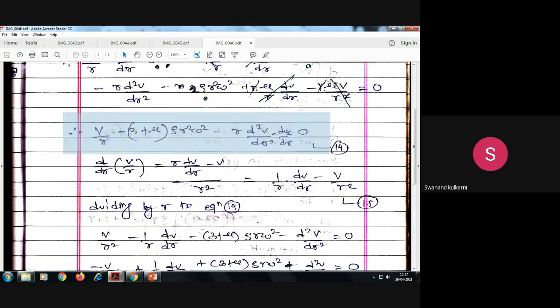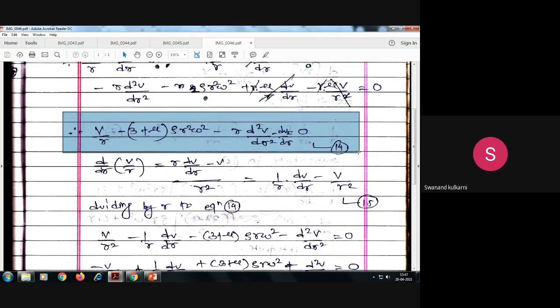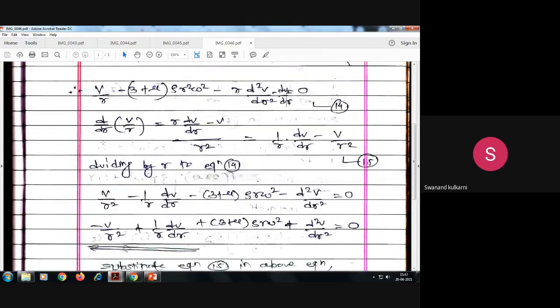So after simplification, we will get this equation 14. Is it okay? So v upon r minus (3 plus mu) rho r square omega square minus r d square v upon dr2 minus dv by dr, which is equal to 0.